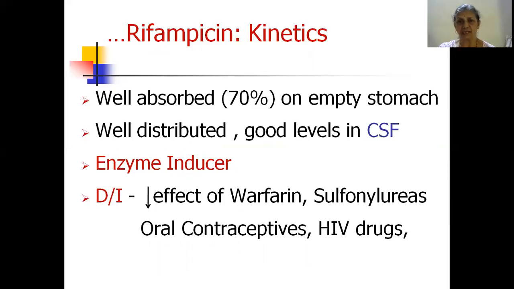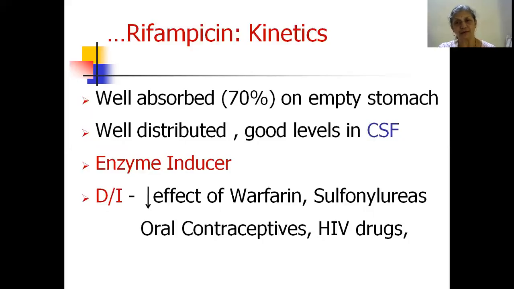The difference from INH is that INH was an enzyme inhibitor causing excess levels of warfarin and its toxicity, whereas rifampicin is a very powerful enzyme inducer. It induces enzymes required by many drugs for their biotransformation, and therefore the drugs would be destroyed faster.